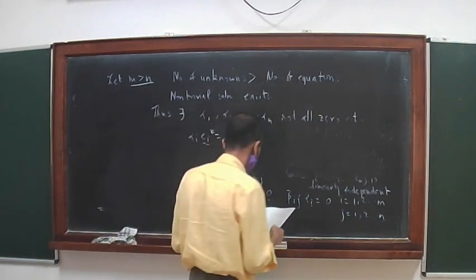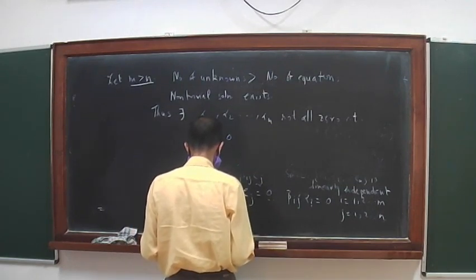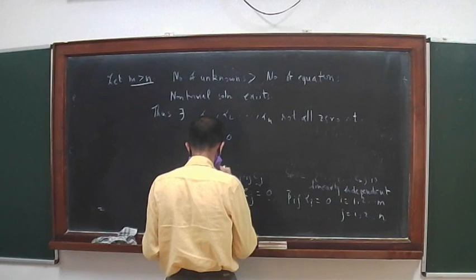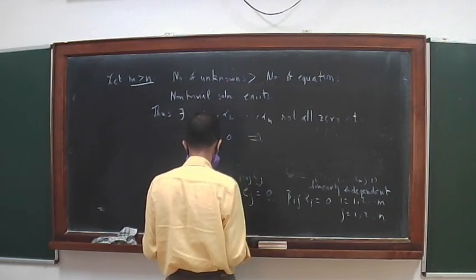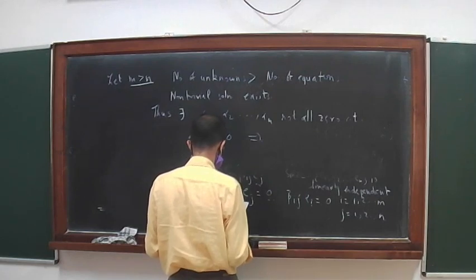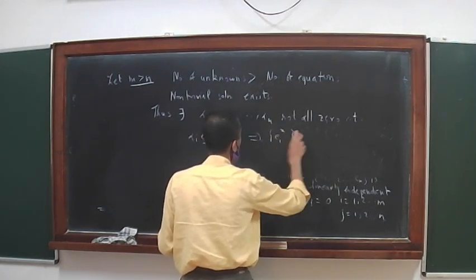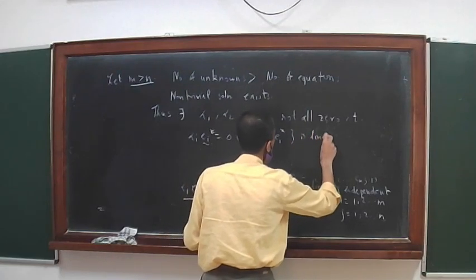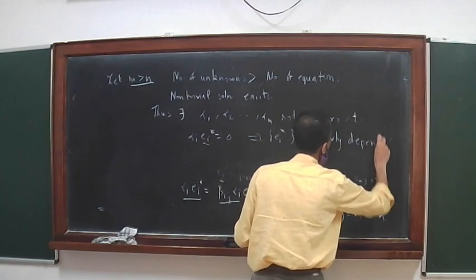Okay, so let us just write that here. This implies that the Ei star set is linearly dependent.